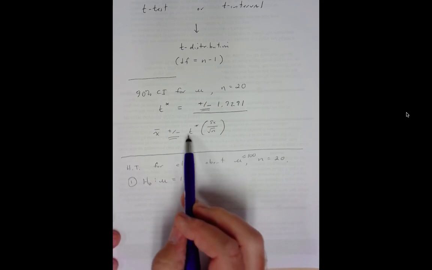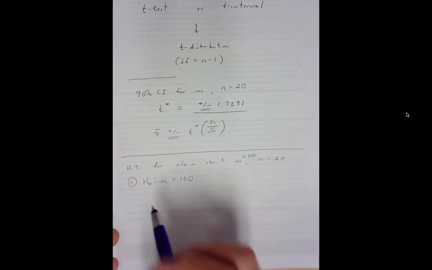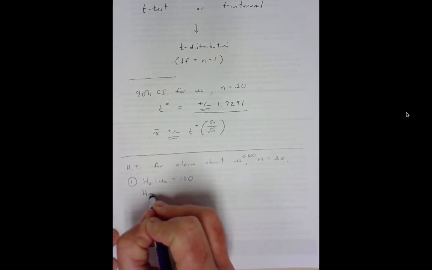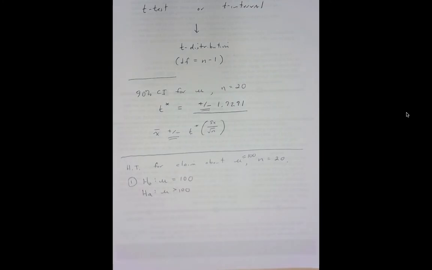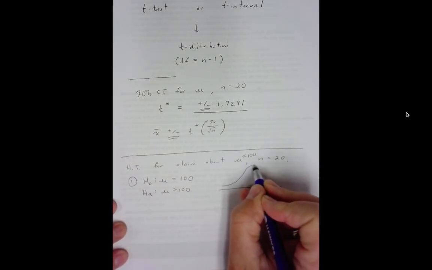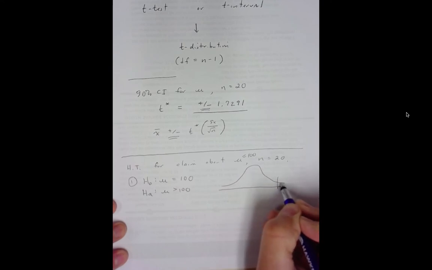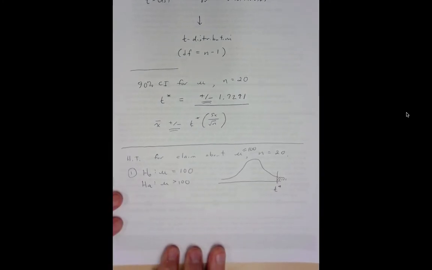Depending on the way that we're testing this, the alternative hypothesis defines where our t critical is going to be located. For example, if I do a greater than test in my alternative hypothesis, that tells me that the rejection region is out to the right. So I'm looking for the t critical that defines that upper region.